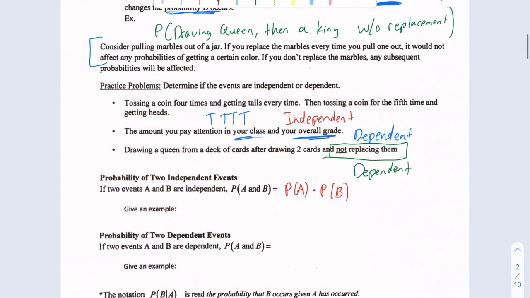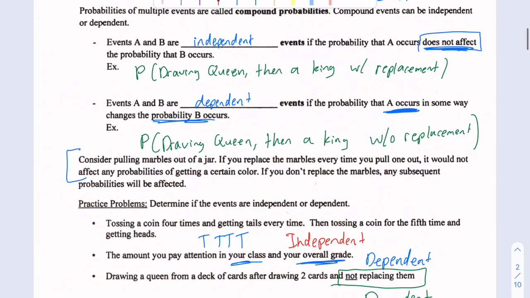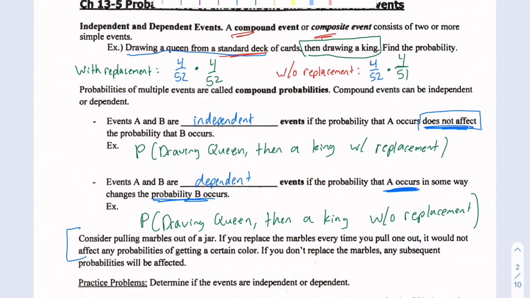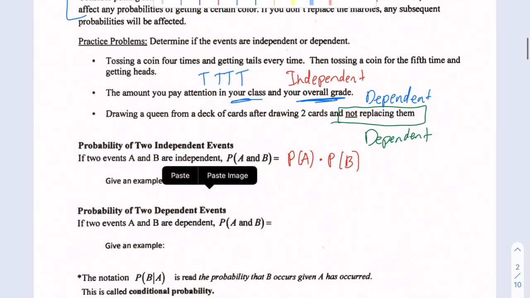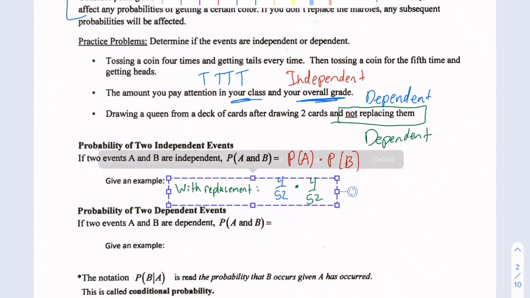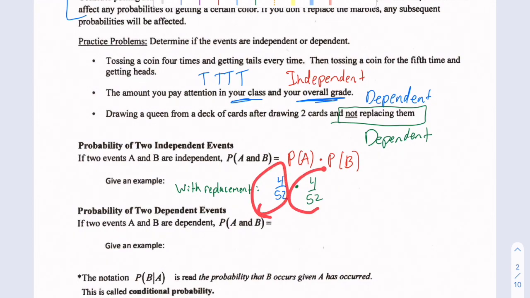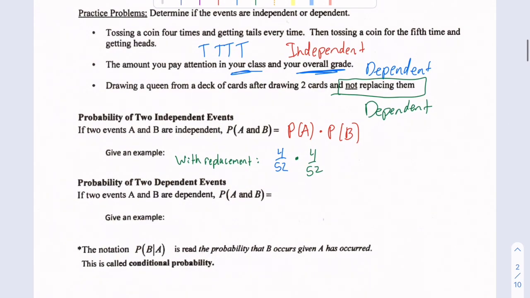The example we just talked about is right up here, so you can leave it blank or copy and paste it, which is what I'm going to do. Here's an example with replacement: you simply multiply those 2 probabilities, the probability of getting a queen and the probability of getting a king, individually. They're independent.